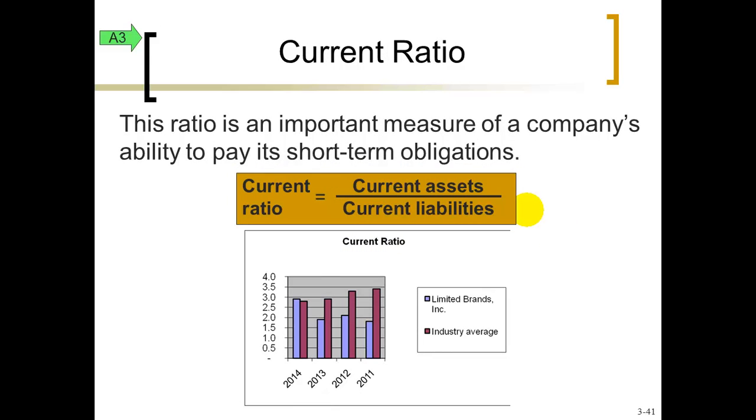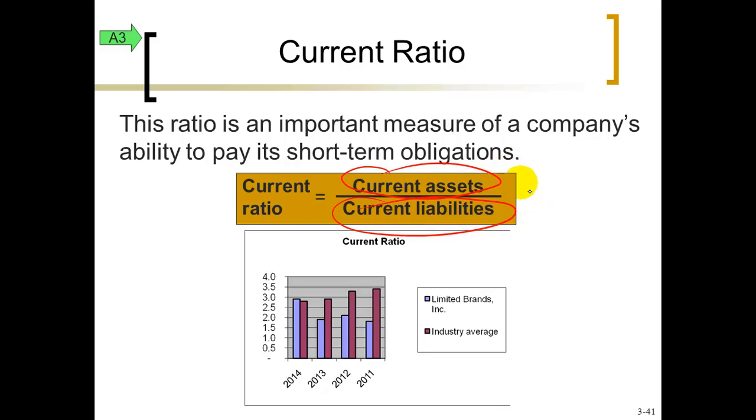Another type of ratio we can use to determine the health of a company is to take all the assets that are relatively liquid, cash, receivables, supplies, and divide it by the bills that have to be paid off relatively soon. Typically, current assets are assets that can be used up or converted into cash within a year's time. Likewise, current liabilities are bills that have to be paid off within a year's time.